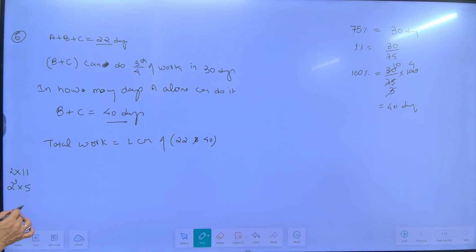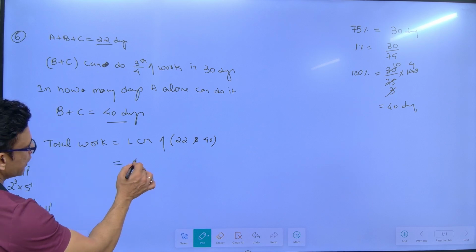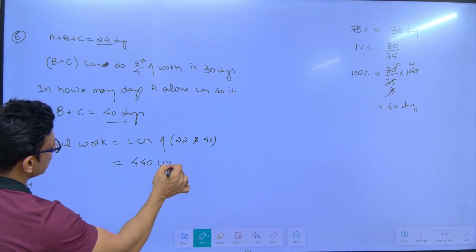Whatever prime factors you see, you write all of them. What you can see? 2, 5 and 11. Raise them to their highest power: 5 highest power 1, 11 highest power 1, 2 highest power is 3. 2 cube is 8, 8 into 5 is 40. And you have to multiply 40 with 11, which is 440. So total work is equal to 440.